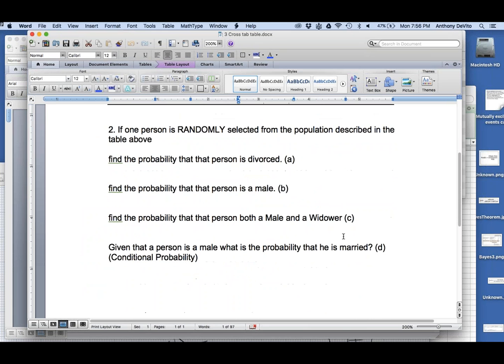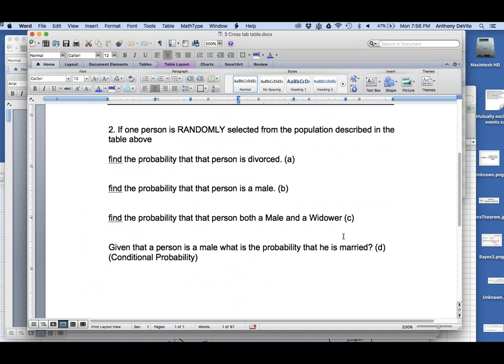Okay. Given that the person is male, what is the probability that he's married? What is that? That's a special kind of probability. It's a conditional probability. Given that one condition has already occurred, now what's the probability of this other condition occurring?